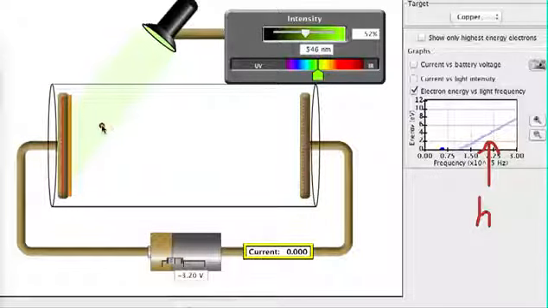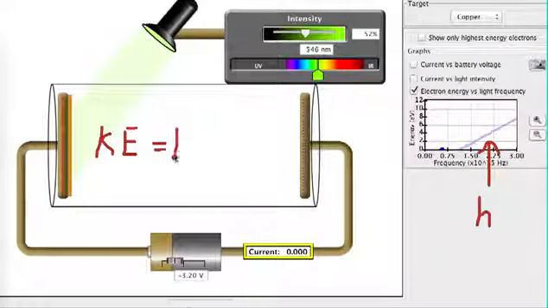When we write the equation for this graph, y equals mx plus b, you'll notice kinetic energy of the electron is on the y. The slope of the graph was equal to Planck's constant. So y equals m. In place of m goes Planck's constant. Frequency is on the x-axis, so that takes place of the x.